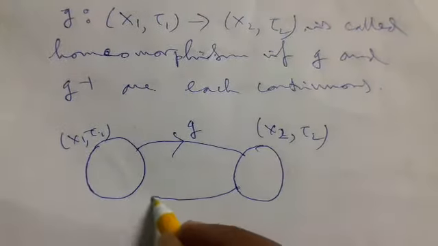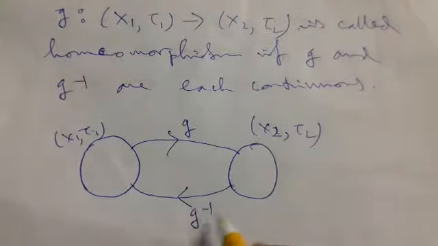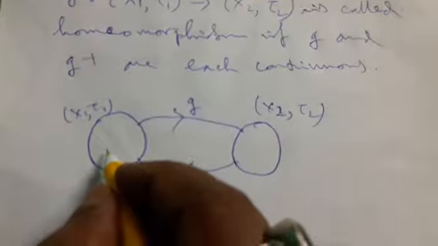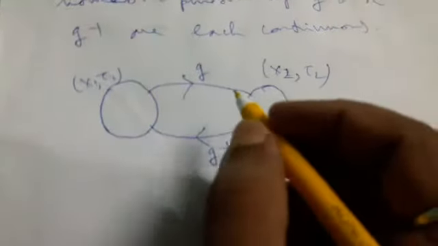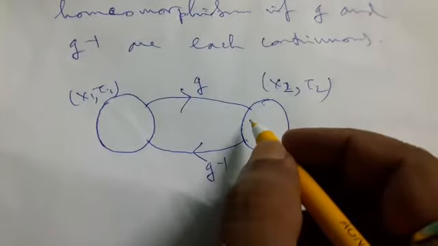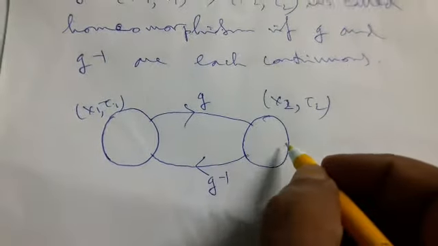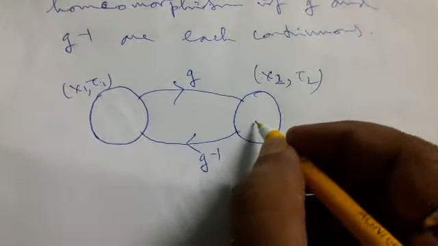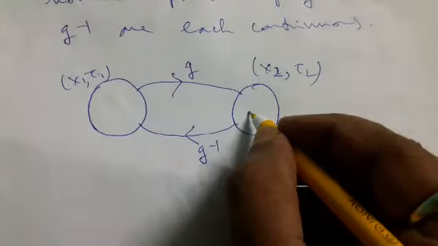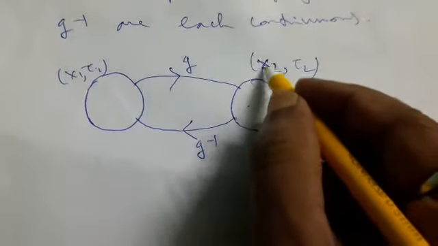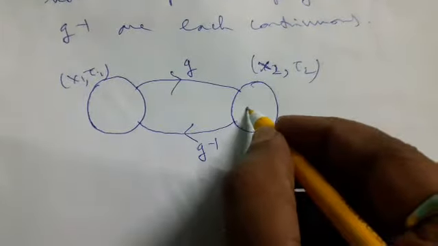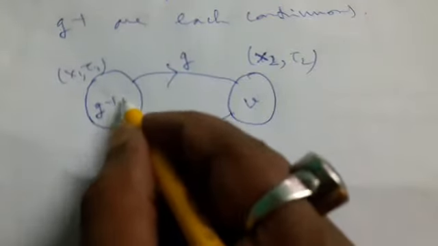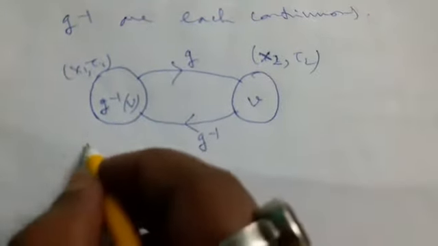Then the reverse function, g inverse, also exists, and applying it brings us back to the original. Both functions are continuous: for any element, say v, we find g inverse of v in this area.